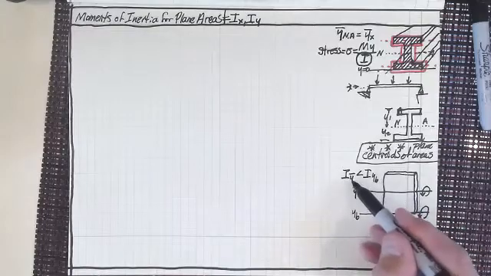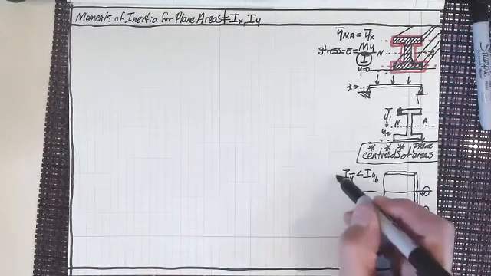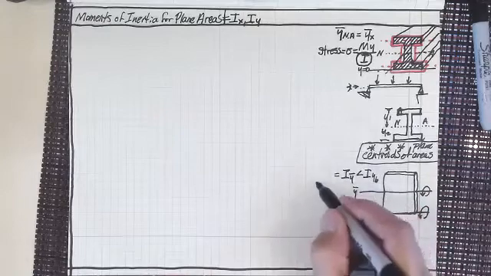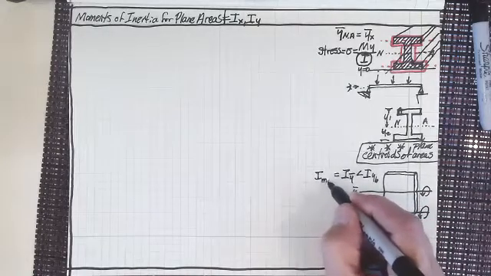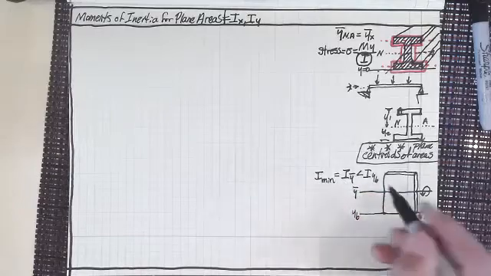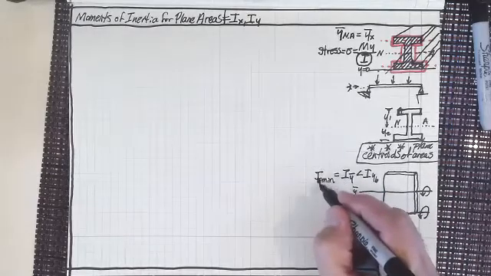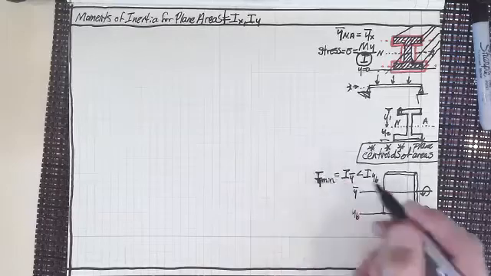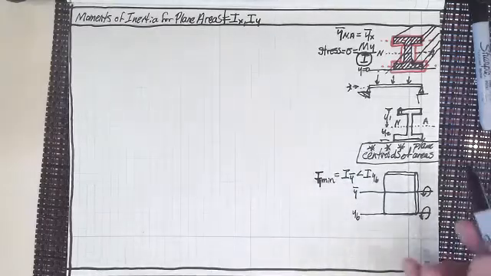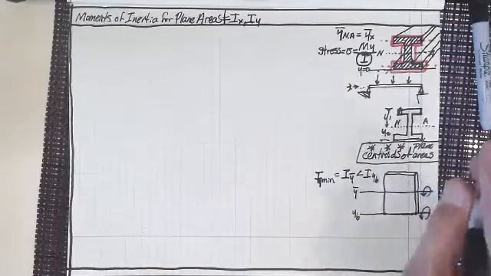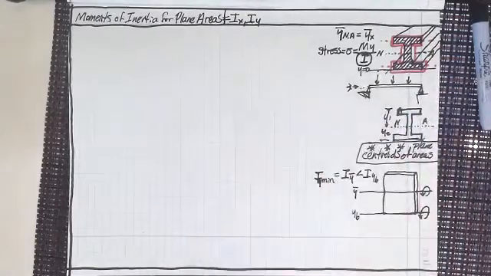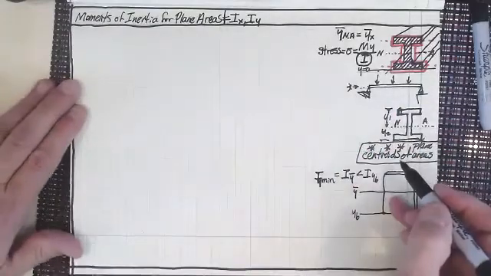In fact, it's going to be the minimum. I should put y minimum. Okay, you know what I mean. So it's going to be the minimum whenever it's at the centroid. So if we can find the centroid of a cross section, it's always going to be smallest there. And that's what I want to do first.